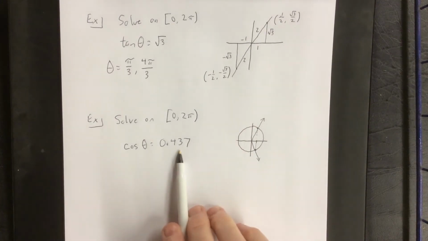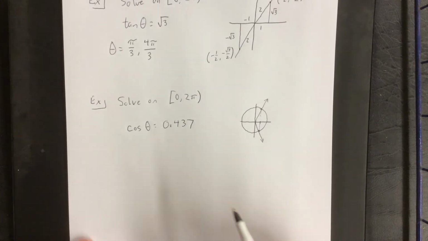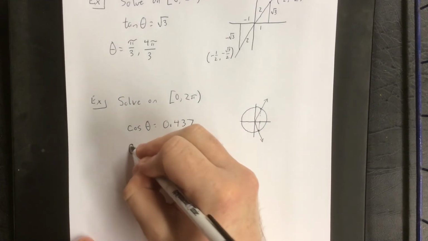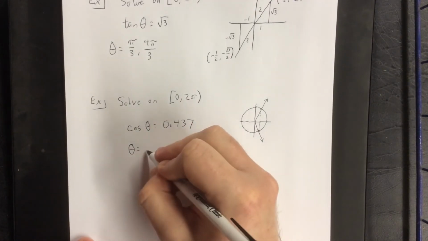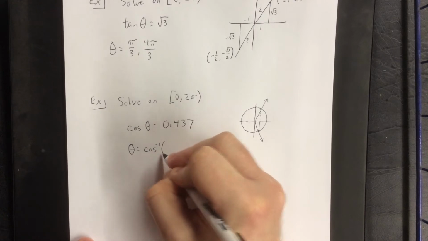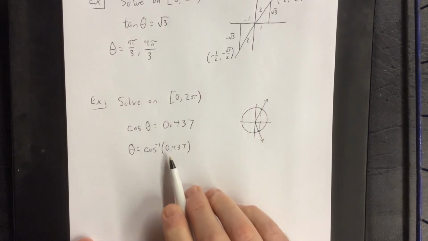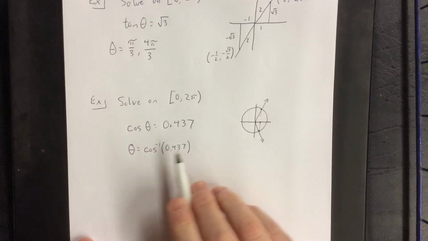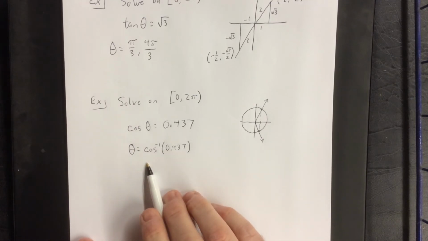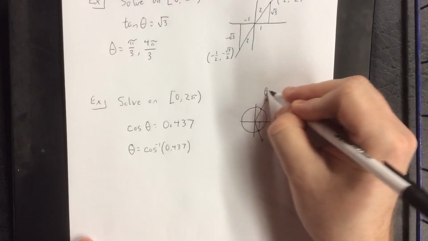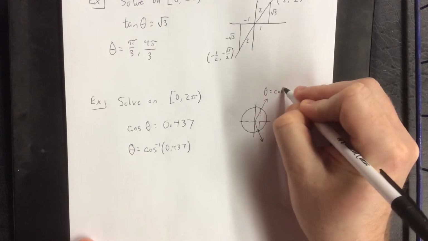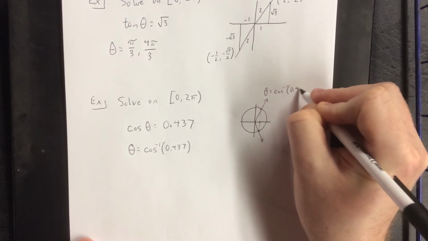However, if we know a ratio, we can determine the angle by making use of an inverse cosine. So theta would be equal to the inverse cosine, or arc cosine, of 0.437. But the arc cosine can only give an output that's a quadrant 1 angle if the ratio is positive, or a quadrant 2 angle if it's negative. So this theta right here is going to be the inverse cosine of 0.437.